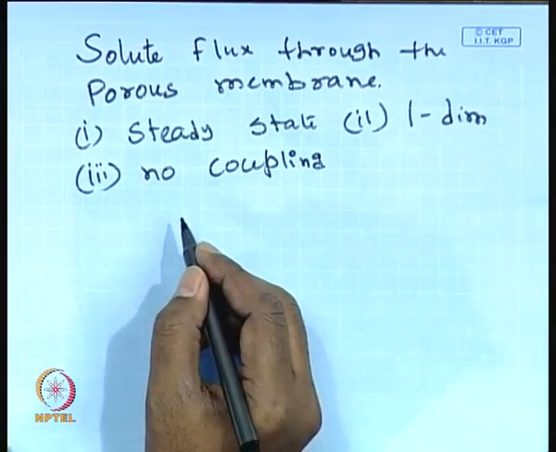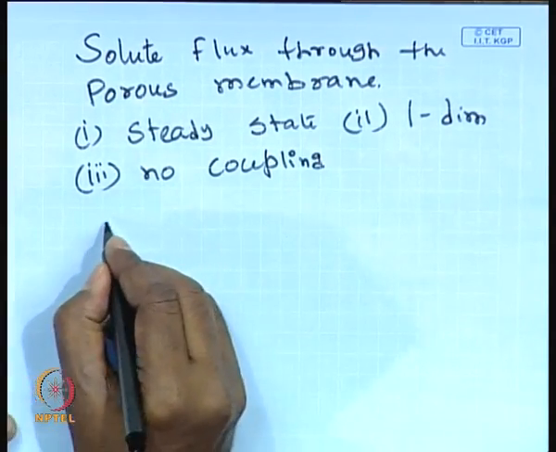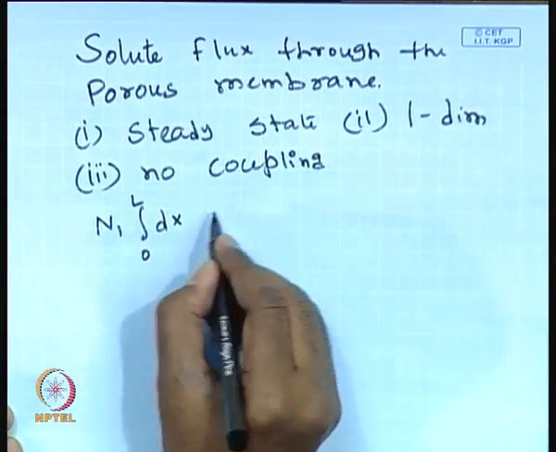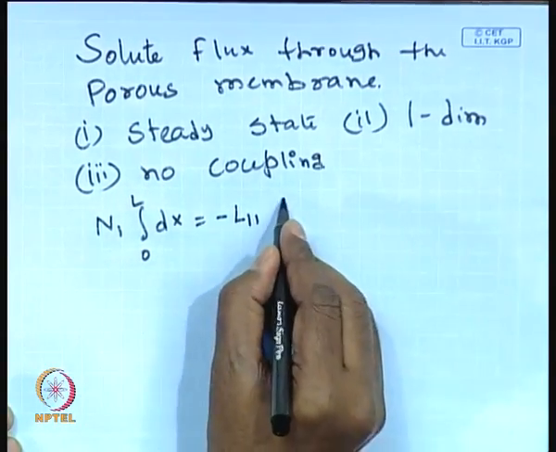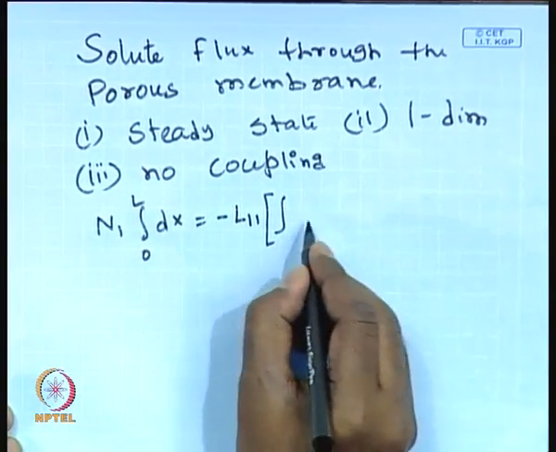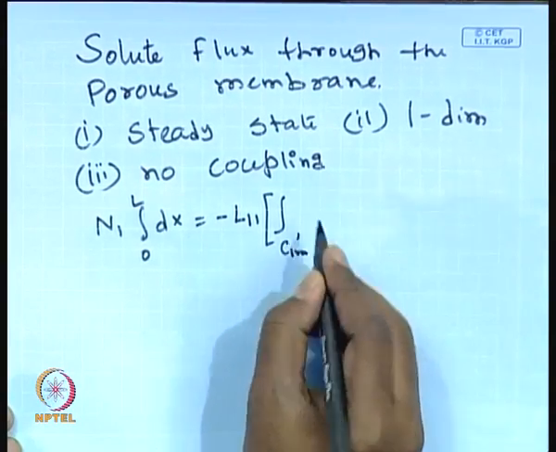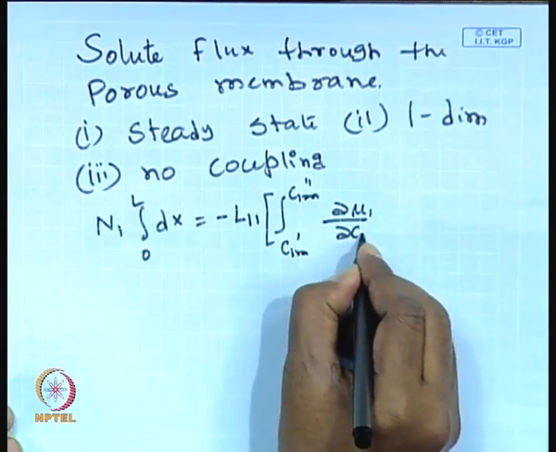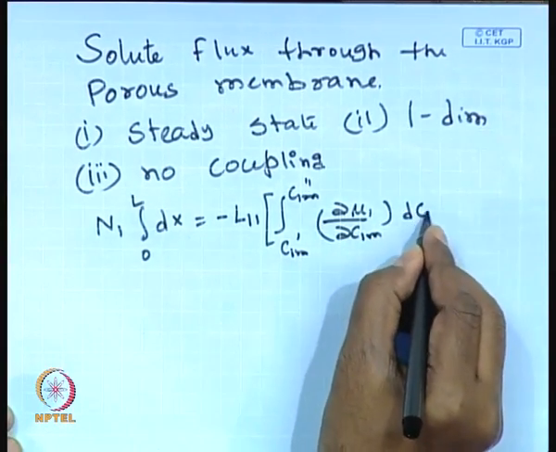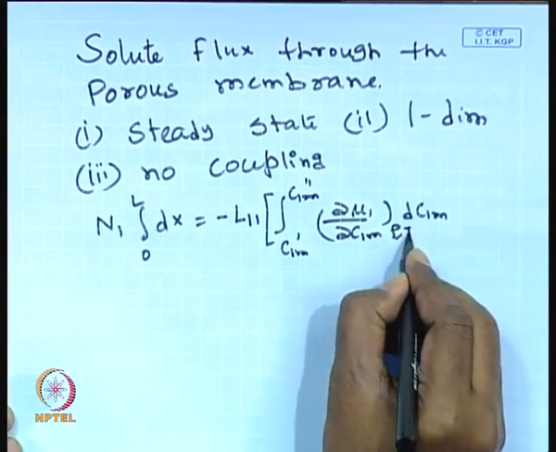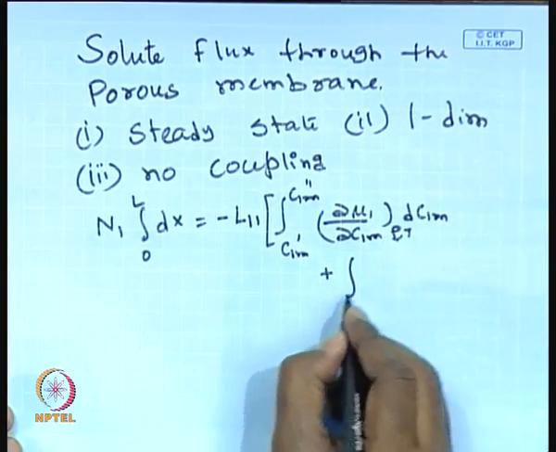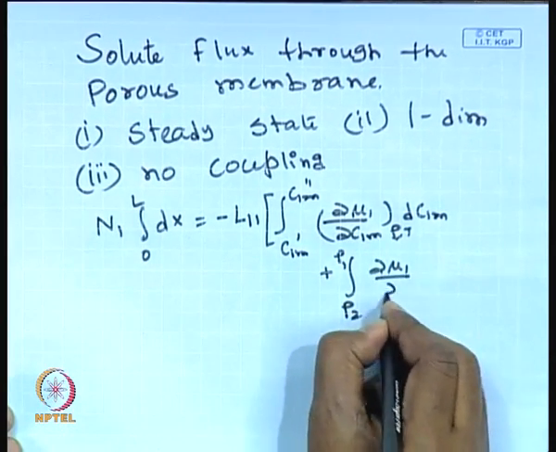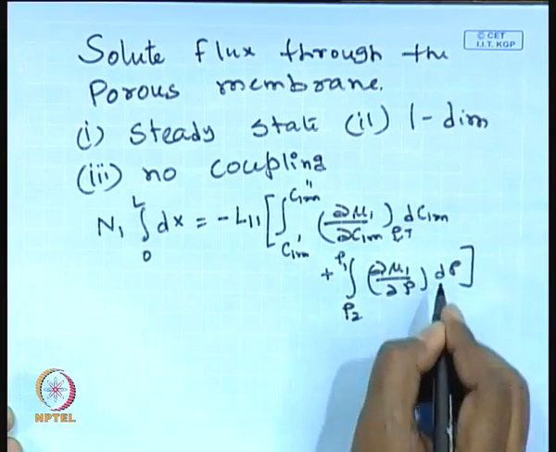Okay. So, we integrate the solute balance equation at the steady state. N1 from 0 to L, where L is the thickness of the membrane, equals minus L11 times the integral from C1m prime to C1m double prime of del mu 1 del C1m dC1m at constant pressure and temperature, plus the integral from P2 to P1 of del mu 1 del P dP.